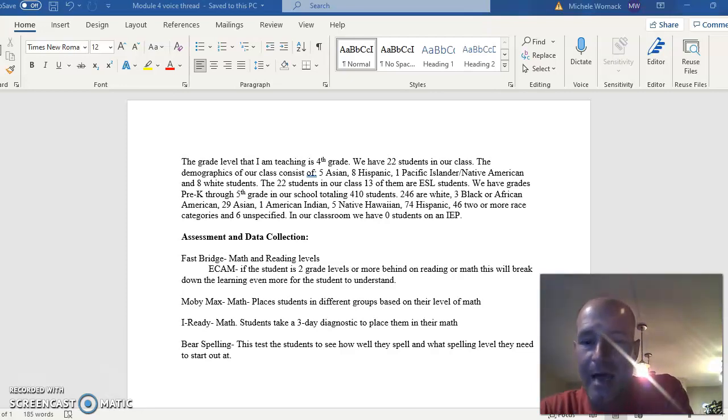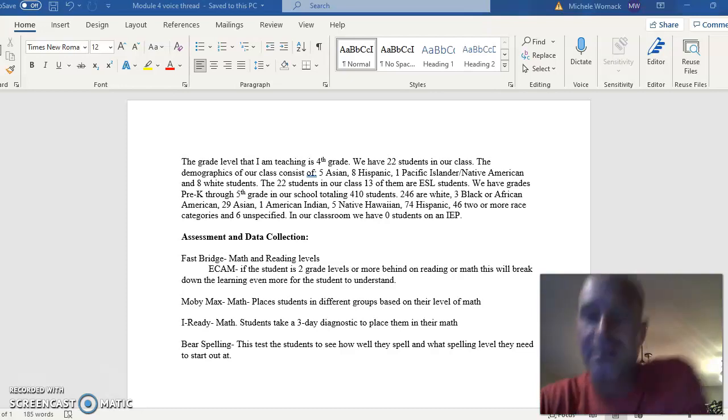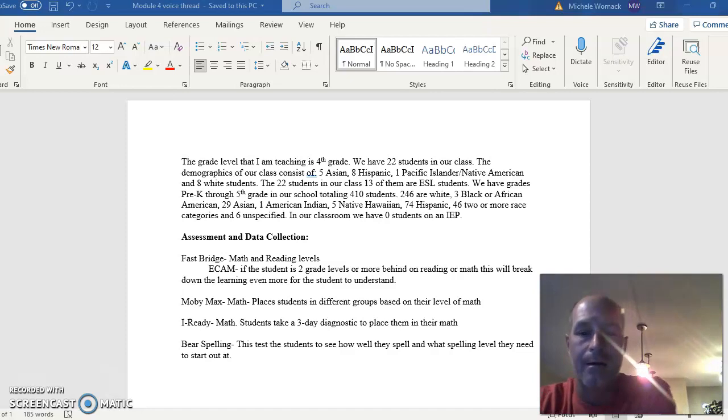Some of the assessment and data collection that we do in our classroom is FastBridge, which does the reading and math levels to see where they are at. Also within FastBridge, there's a thing called ECAM, that if a student is 2 grade levels or more behind on reading and math, this will break down their learning even more for the student to understand.